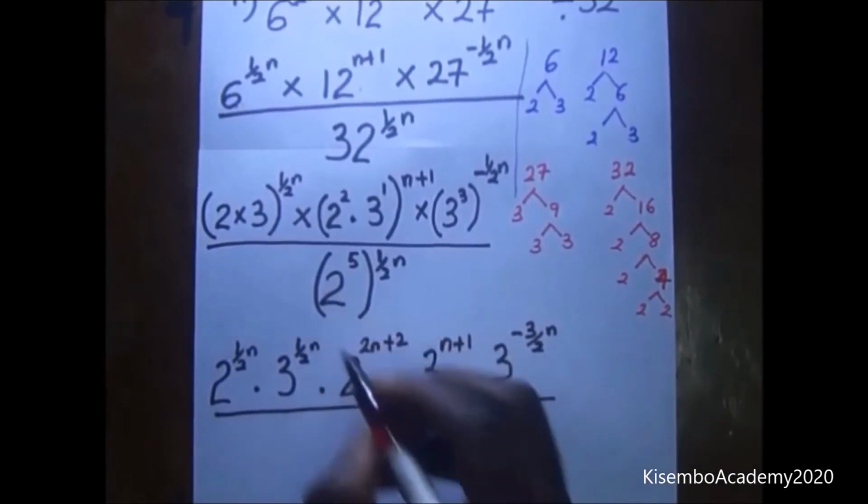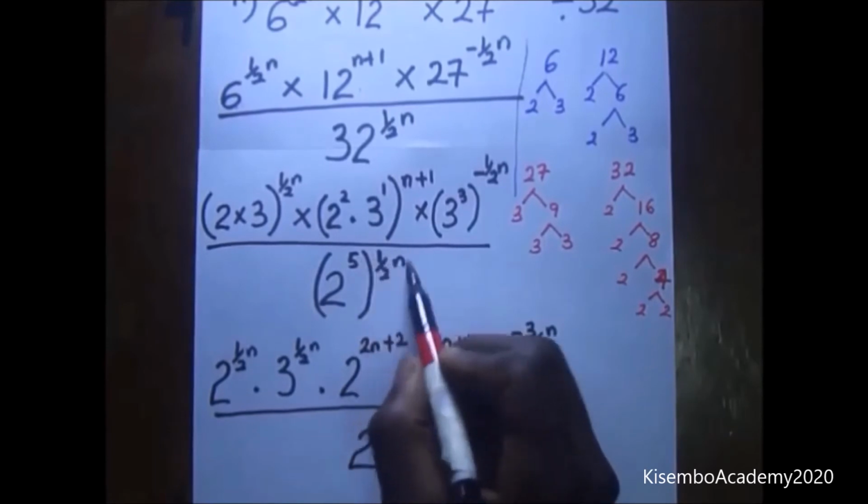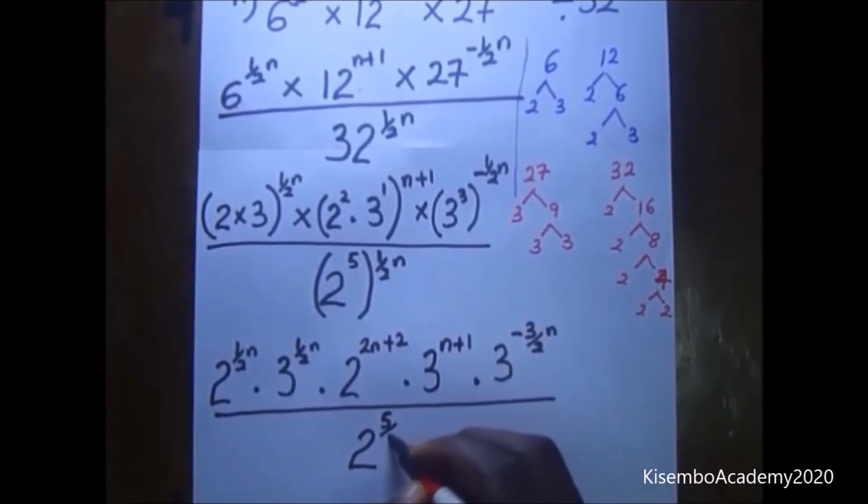Divide all that by 2 to the power 5 over 2n.